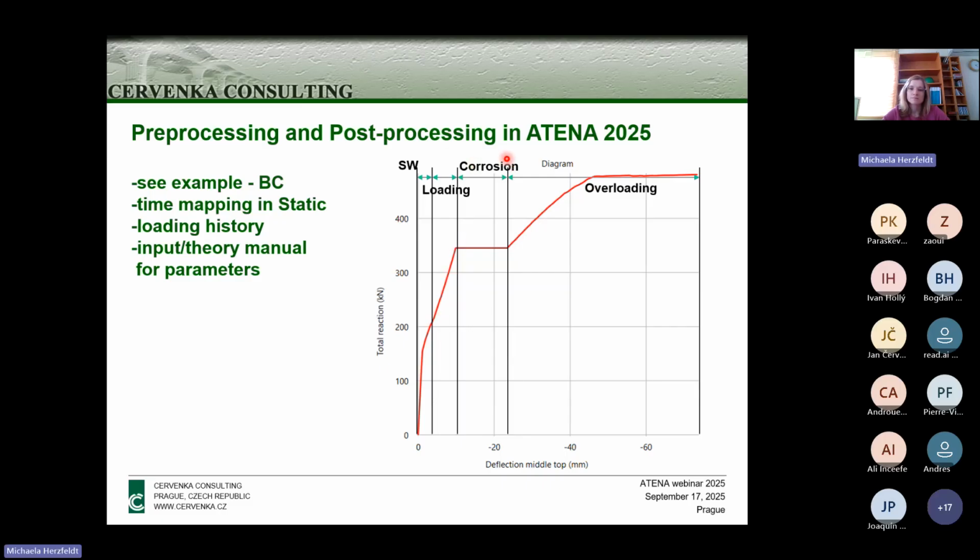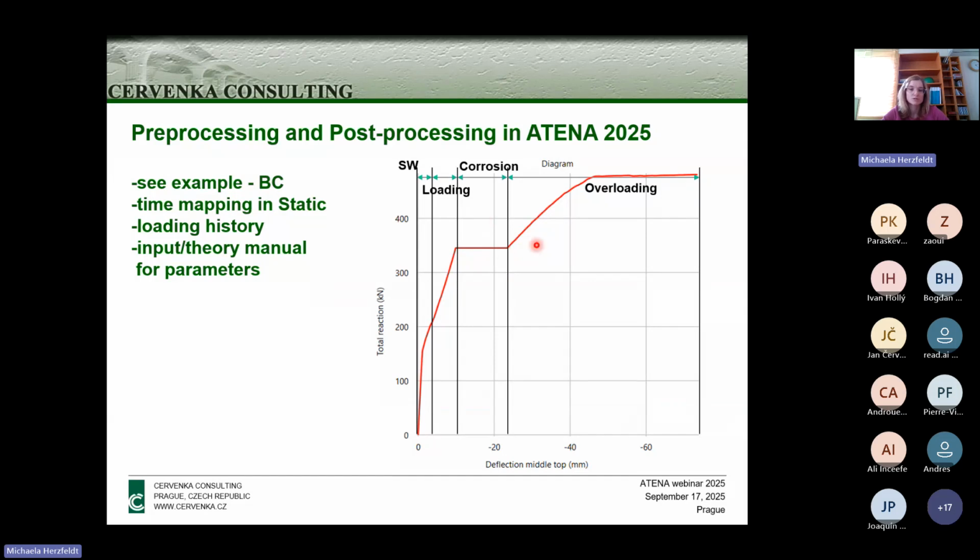Then the third part can be corrosion, when the structure is loaded and then it's exposed to some environmental effects. And after this period is finished, then you can also test with overloading the structure, how it affects the load bearing capacity to be exposed to some corrosion.